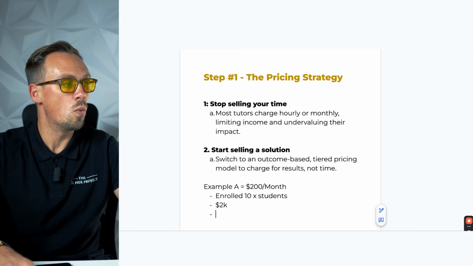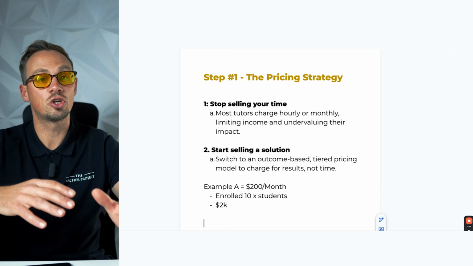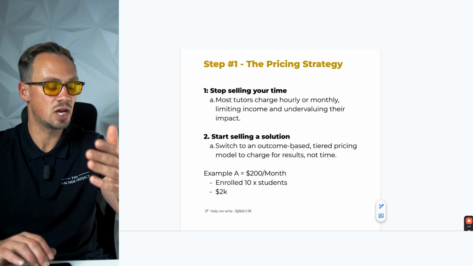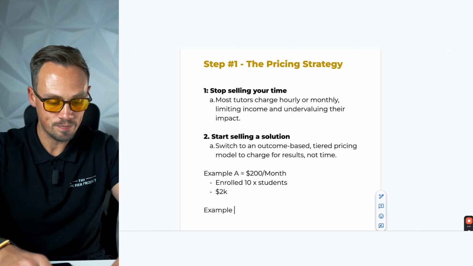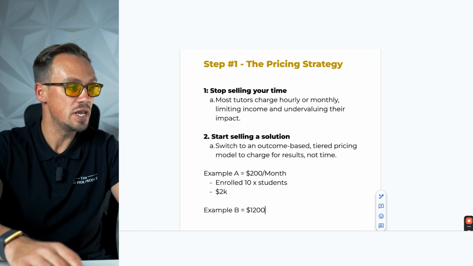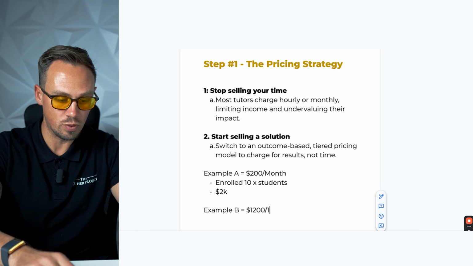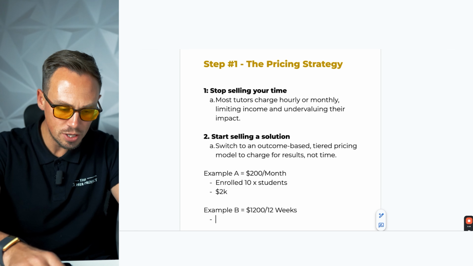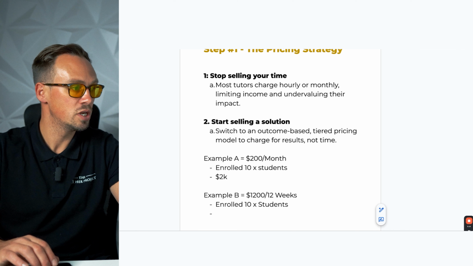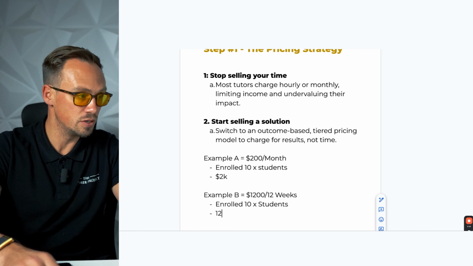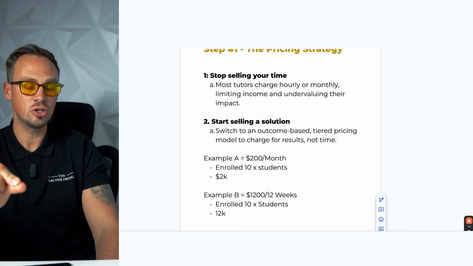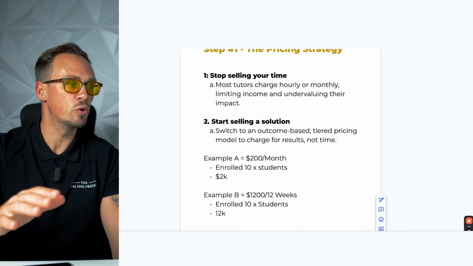Now once you dial in your offer, and I'll show you teachers doing this in just a second, you can easily charge, example B, an outcome-based tutoring solution even at $1,200 per 12 weeks. Even at that point, in the same month, you can enroll 10 students. 1,200 times 10 students, you got it, 12 grand. Just from making this one simple pricing change, you can add 10 grand a month or more to your business pretty fast.